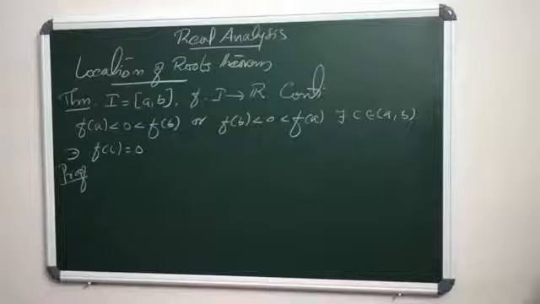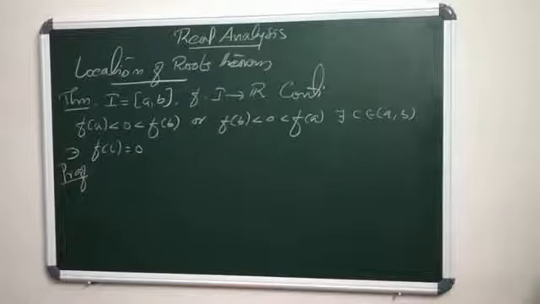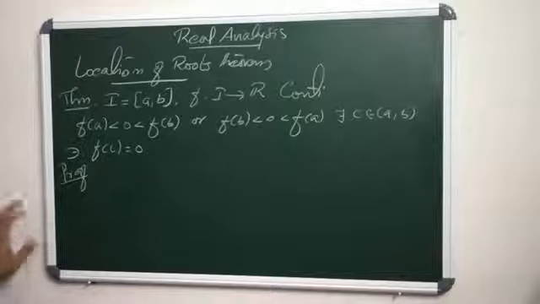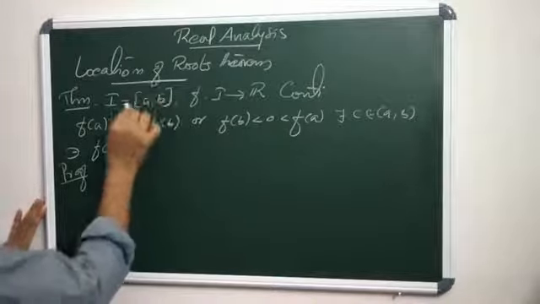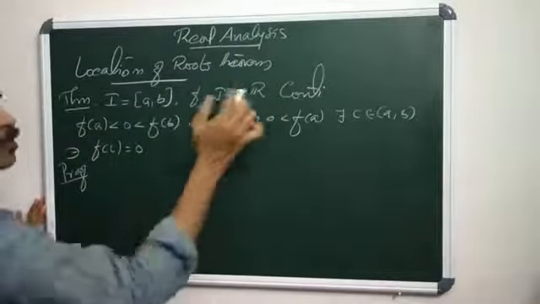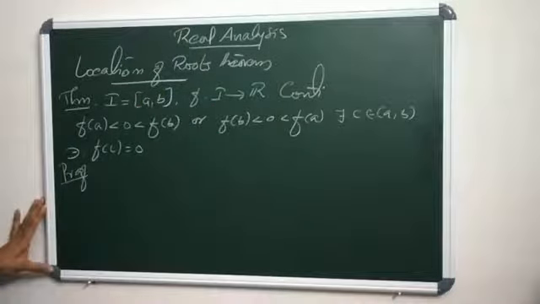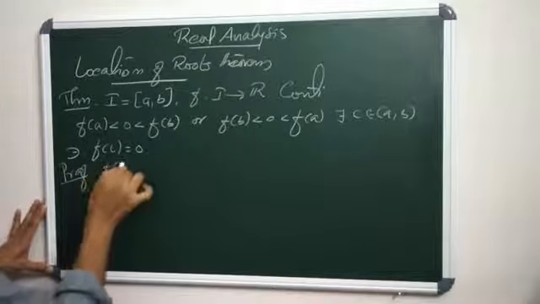I equals the closed interval [a, b], which is closed and bounded. What is f? f from I to R is continuous on I. So we know that by the boundedness theorem, f(I) is bounded.